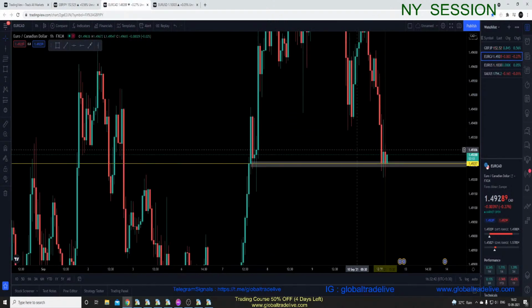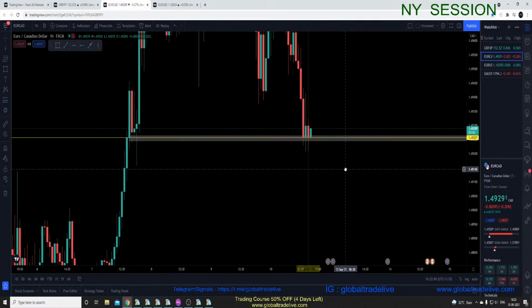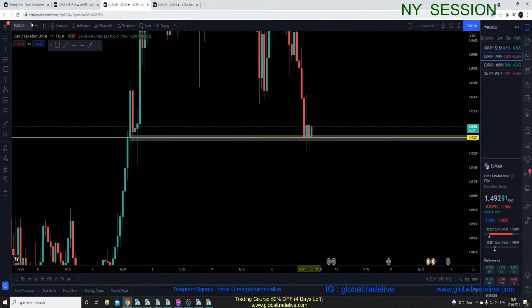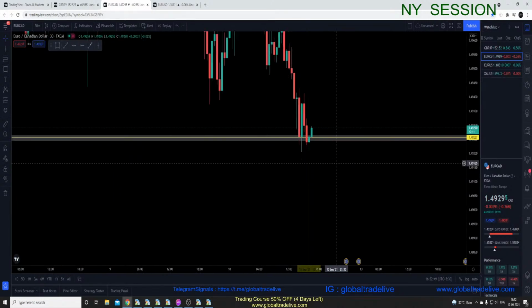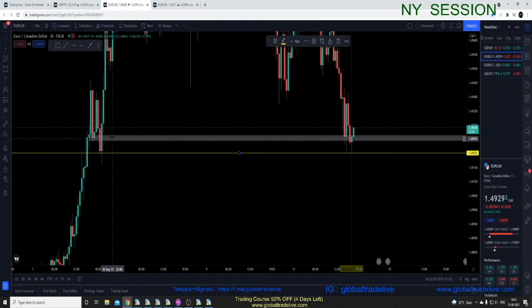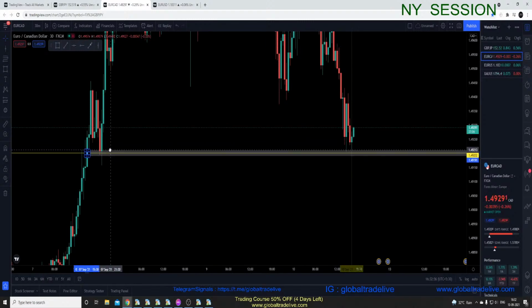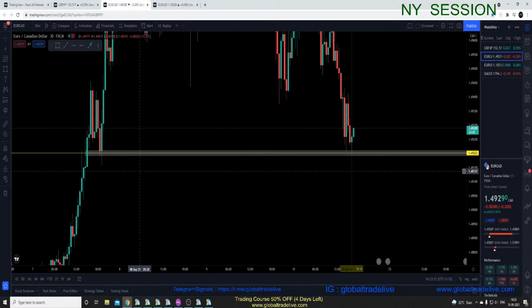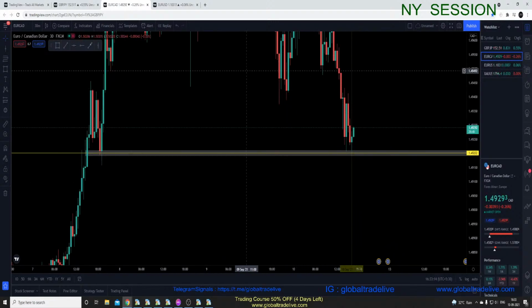In case of EuroCAD, it is kind of a tricky thing to see, because look, we have a 30-minute support over here, so I'm gonna switch down to 30 minutes, because look, the previous candle came down, tapped this area and went up. That means the previous candle is also respecting this support coming from the left, right? So that means this is a strong area, and we also need to respect it.